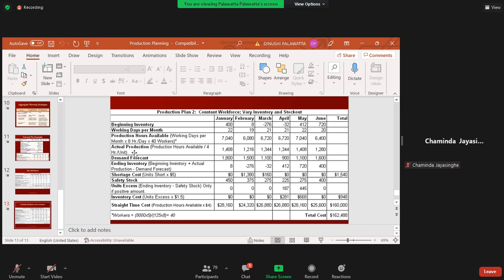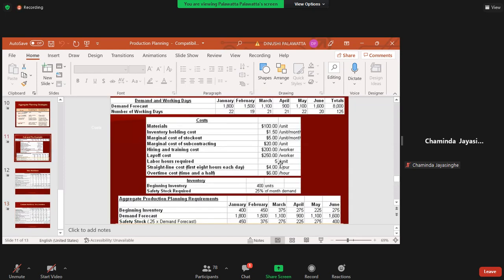And then when you divide that by 4, I think it should be 5, because you have labor hours required of 5 per unit.